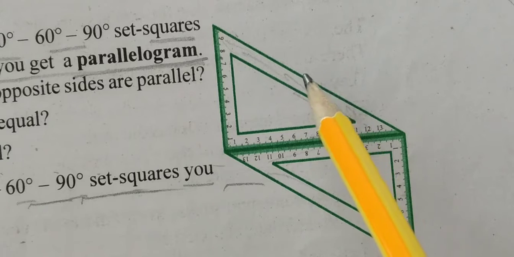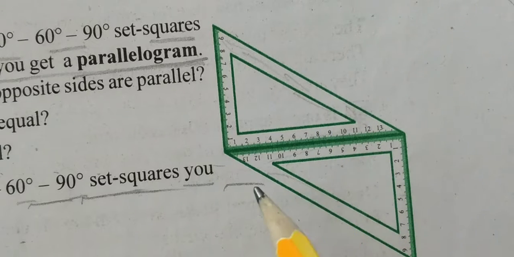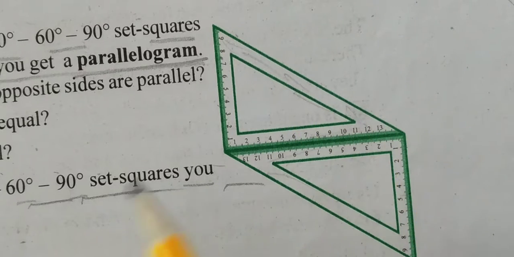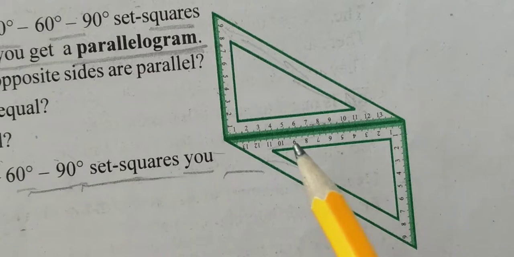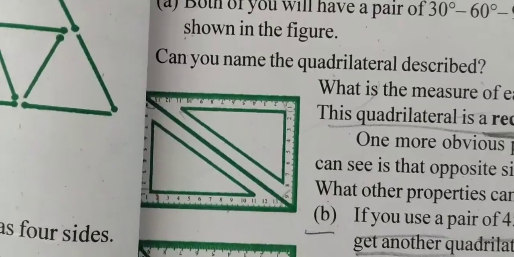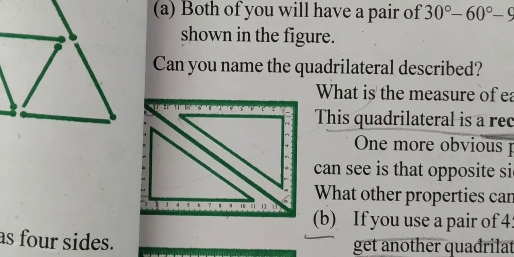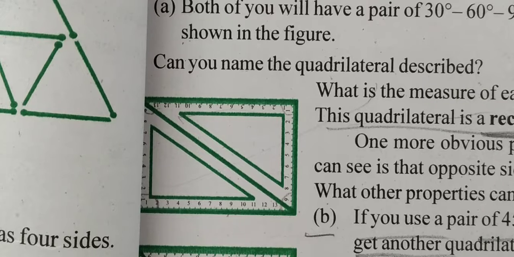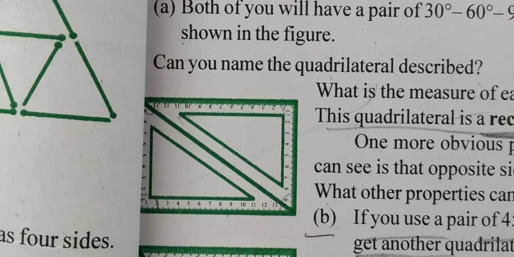Here you can see two opposite sides are parallel to each other. Here the vertices are not right angles. What is the difference between this figure and a rectangle? The rectangle is again a parallelogram, but the opposite sides are of equal measure and the angles are 90 degrees, right angles.